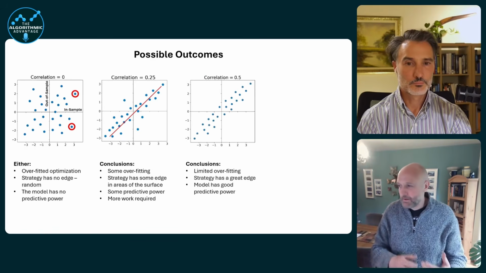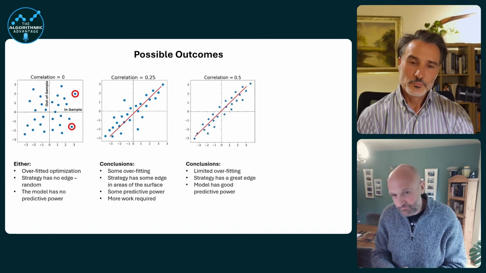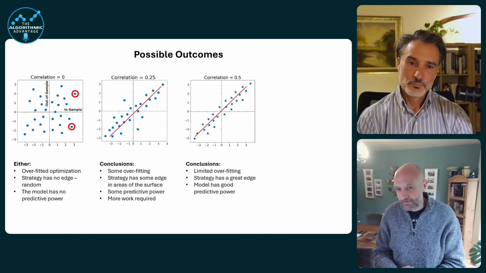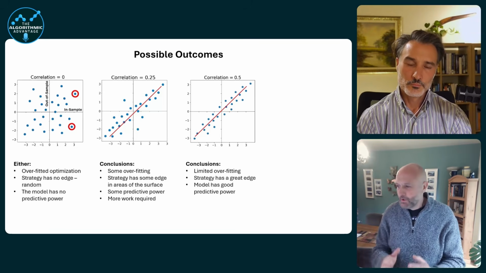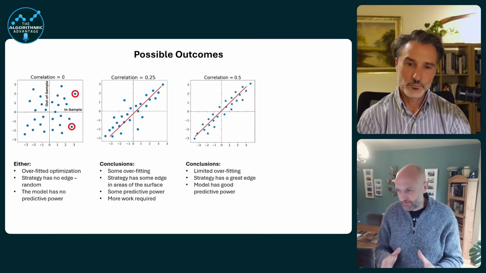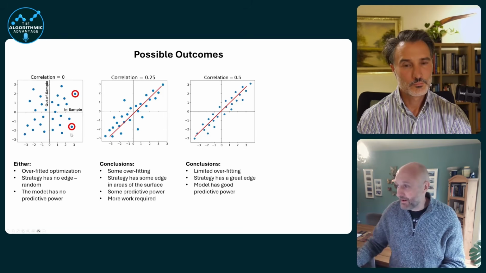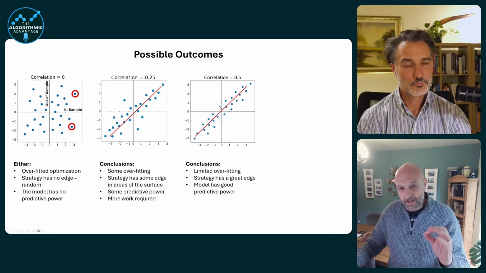But if you get something like this, you know now you're kind of onto a winner. You know that there's limited overfitting with this kind of pattern. And you can already see that because you've got quite a lot of points in this upper right quadrant, there are areas of the surface that have genuine edge.